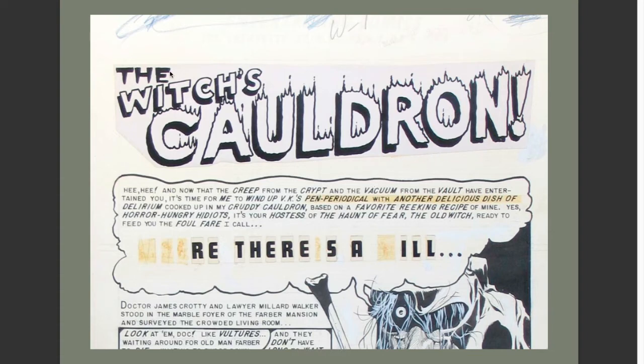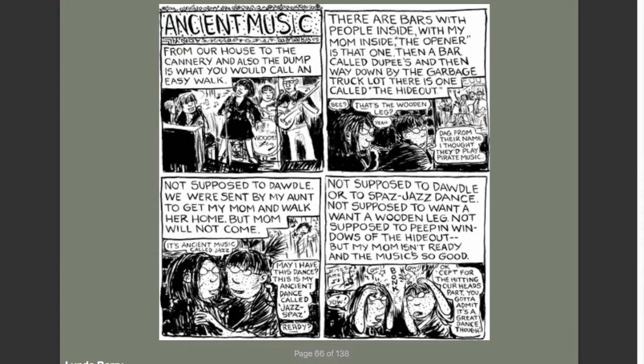And they went out of their way to make their titles very expressive too, which is another lecture. Very few people get away with a loose, almost brush-like lettering style. I think Linda Barry might be using a brush here. She's experimented with a million different things, but I think she might be using a brush here.